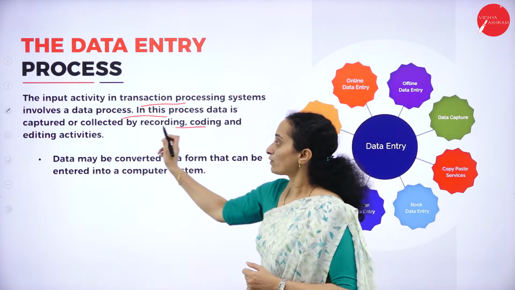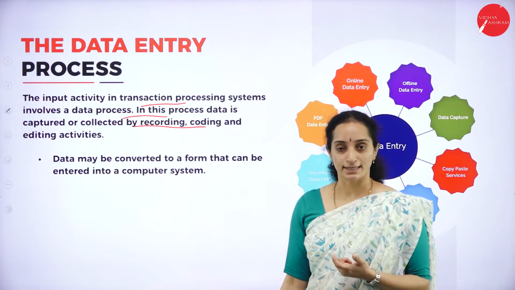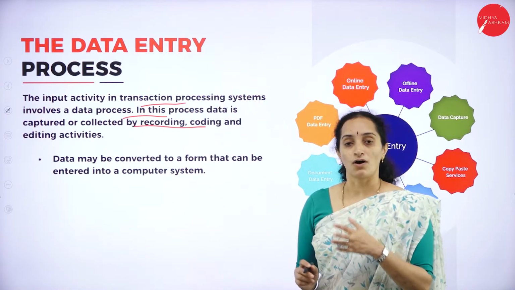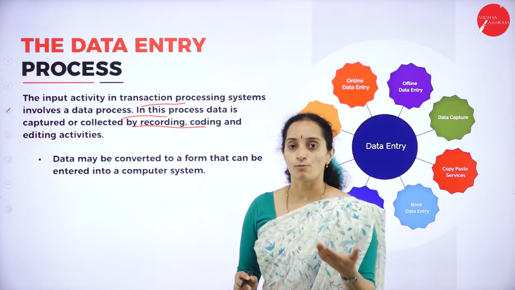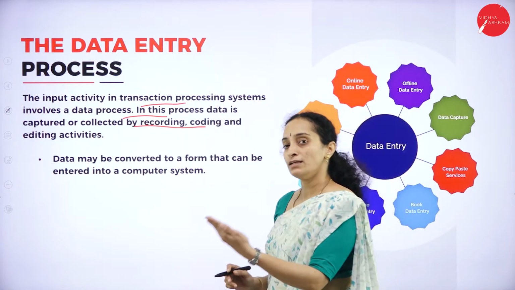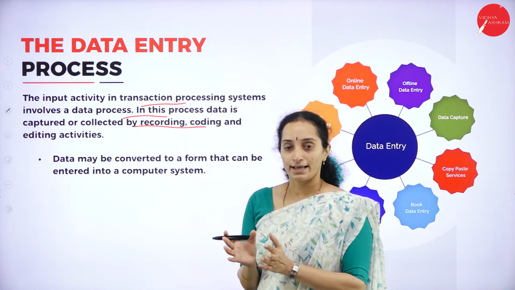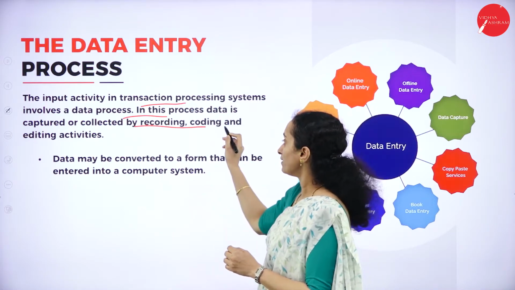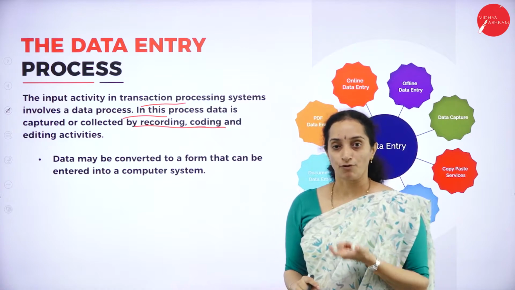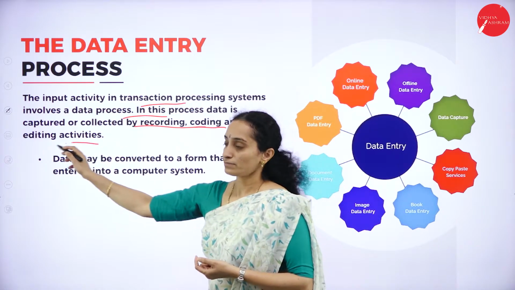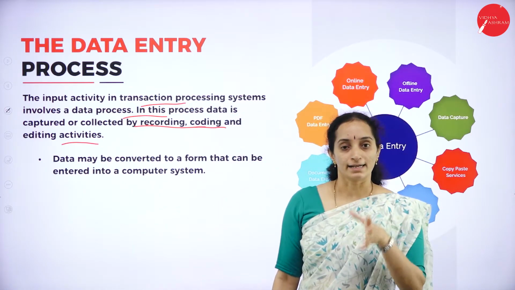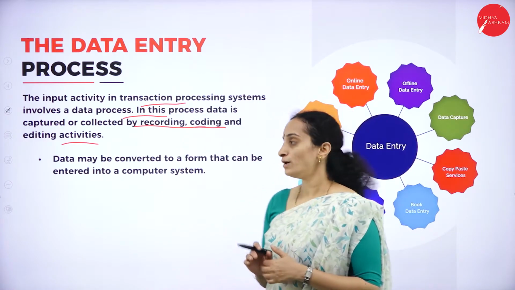In this, we collect the data from the recording. We record the transaction in the form of a file so that we can arrange it in a particular manner, or take it in the form of a code, or edit the collected information to a particular format.